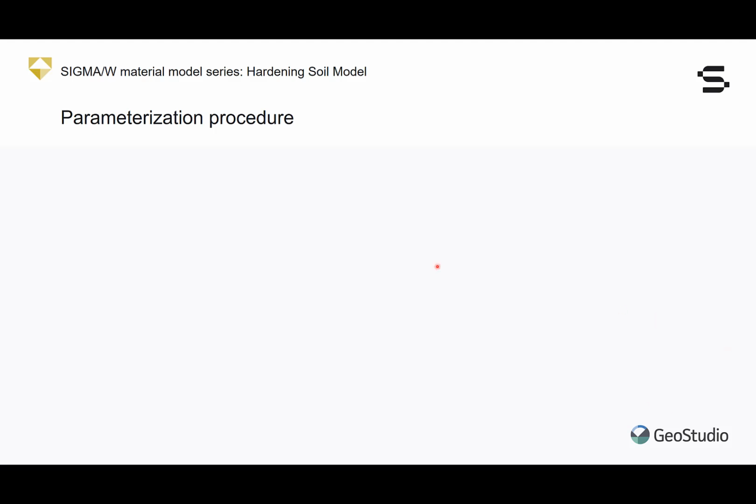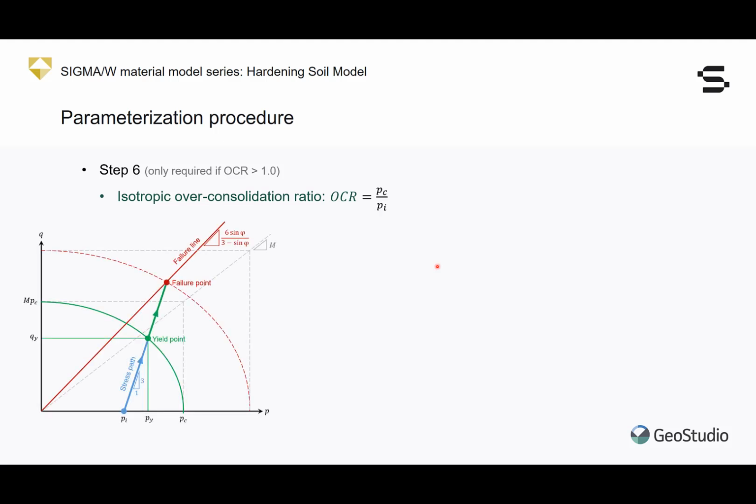One additional step in the parameterization procedure is required if the soil is overconsolidated, and that is the determination of the isotropic overconsolidation ratio, which is a ratio of equivalent isotropic stresses. The denominator of this expression is simply the confining pressure of the triaxial test.